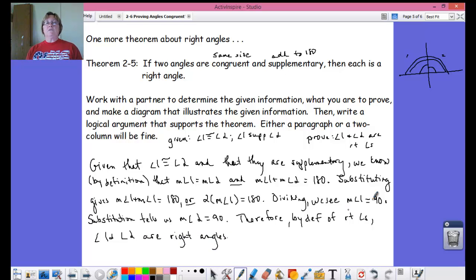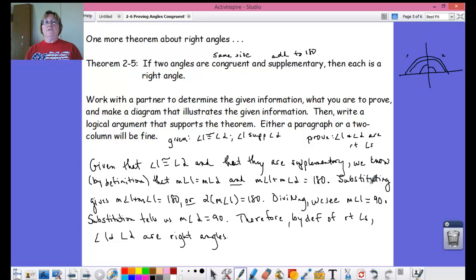I want to read through that proof again and just make sure my logic makes sense. Because that's where we had to get that they're right angles, and I think we did. Given that angle 1 is congruent to angle 2 and that they're supplementary, we know by the definitions of those two things, congruence and supplementary, that angle 1 is equal in measure to angle 2, and when we add them together we get 180.